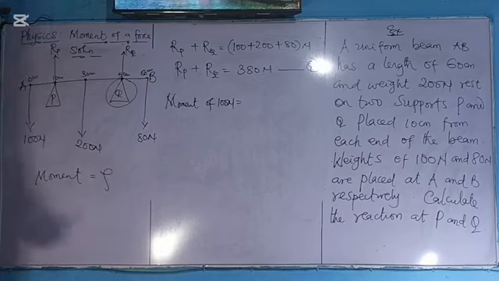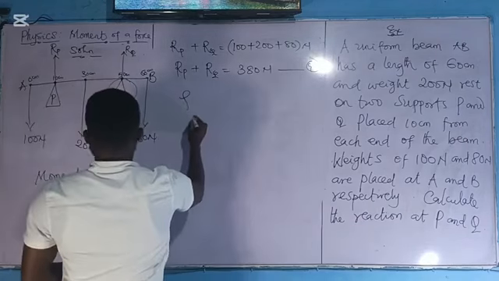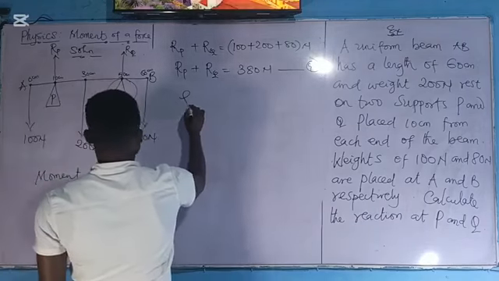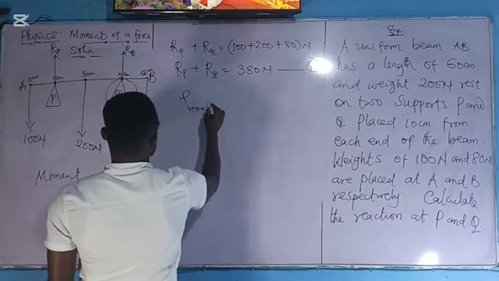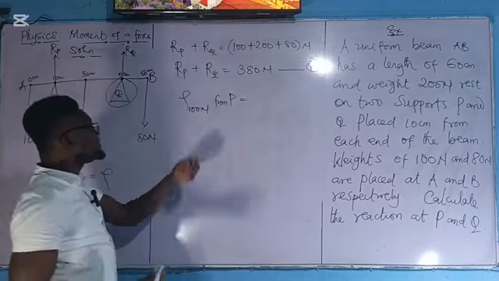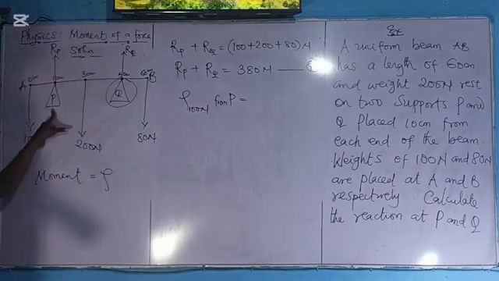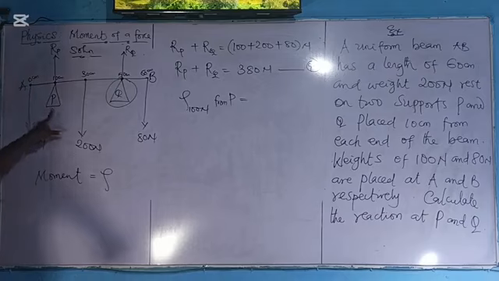Okay? So, at this point, let me just take it in this way. Moment of 100 Newton from P. So the moment of 100 Newton from P will be the 100 times the distance from P.